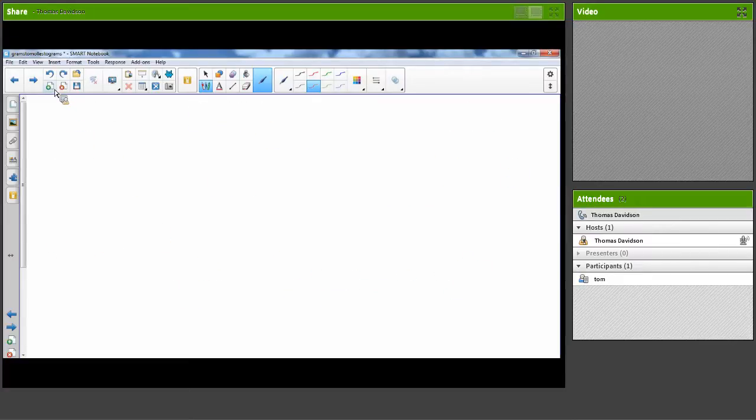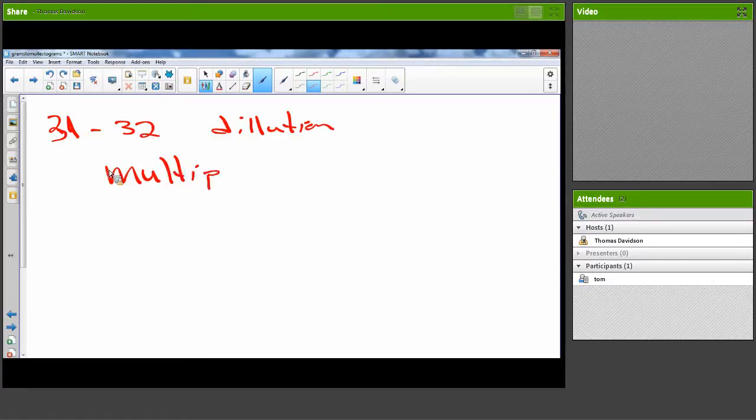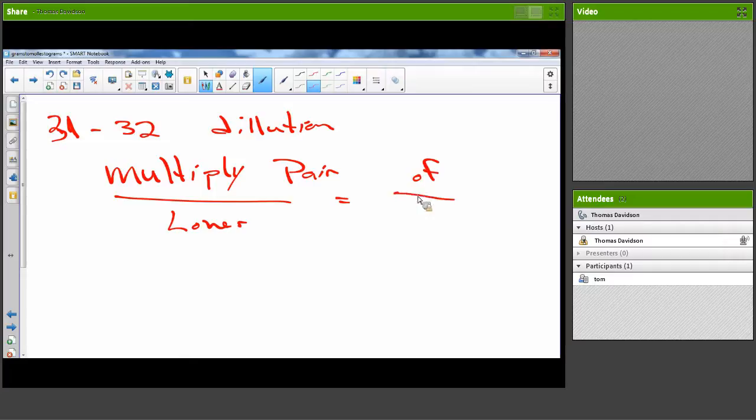Okay, now 31 and 32. Those are on dilution. So dilution, remember to multiply the pair and divide by the loner. Okay, so the pair will be connected by the word of, and the loner won't be.